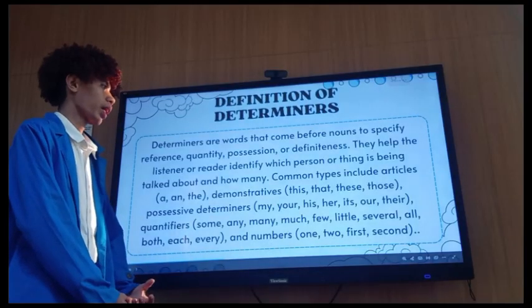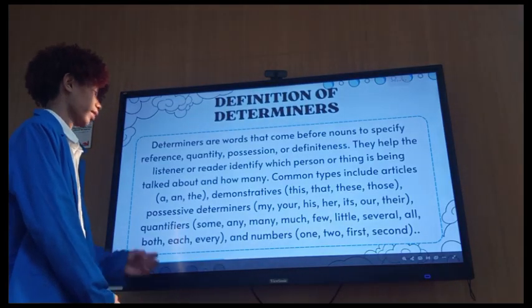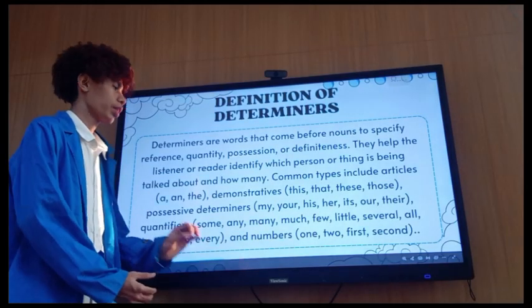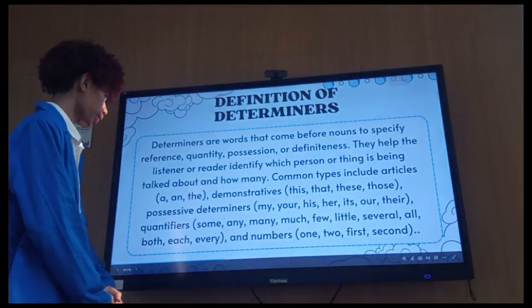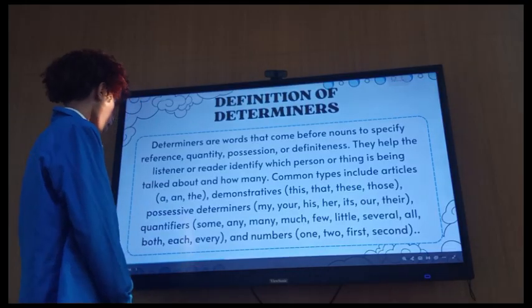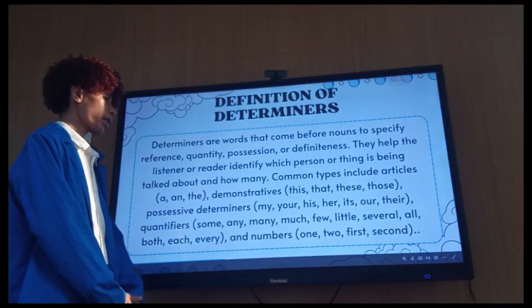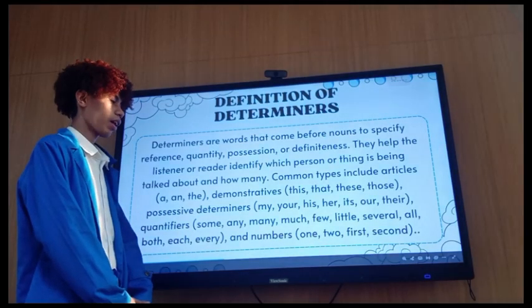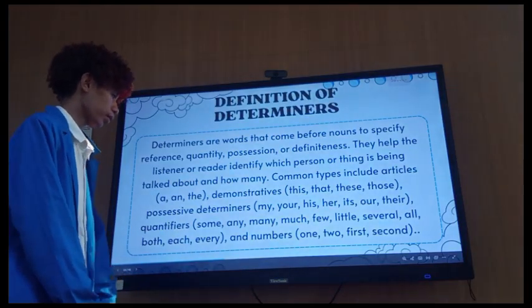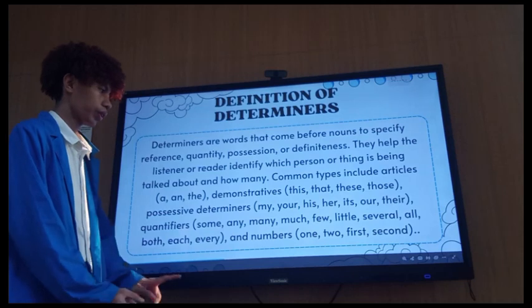Common types include articles: a, an, the; demonstratives: this, that, these, those; possessive determiners: my, your, his, her, its, our, their; quantifiers: some, any, many, much, few, little, several, all; and numbers: one, two, first, second.